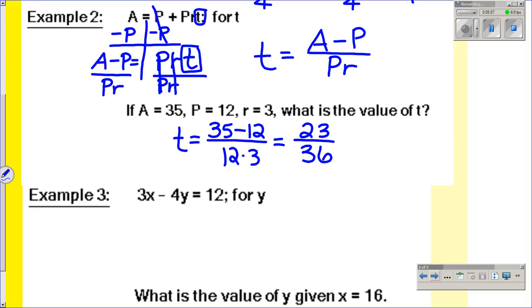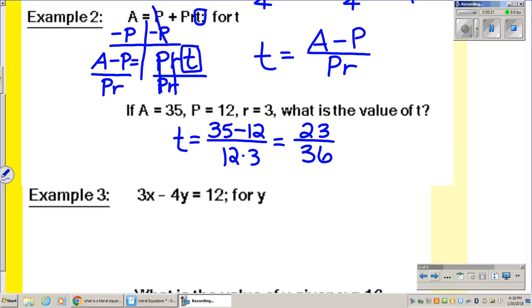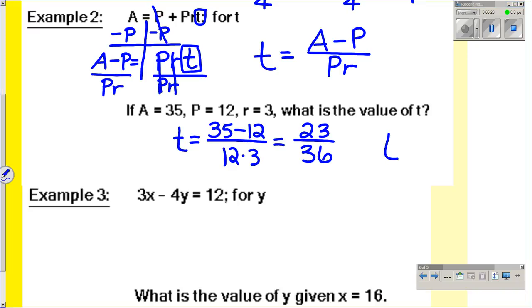And then just check to see, can you reduce the 23 over 36? Okay, and we cannot reduce, so we can just leave this as a fraction. T equals 23 over 36.